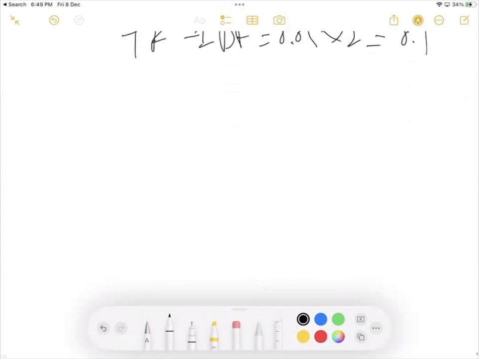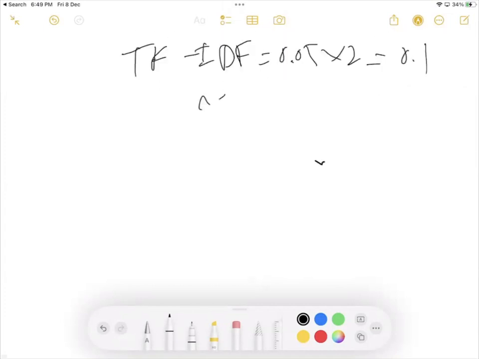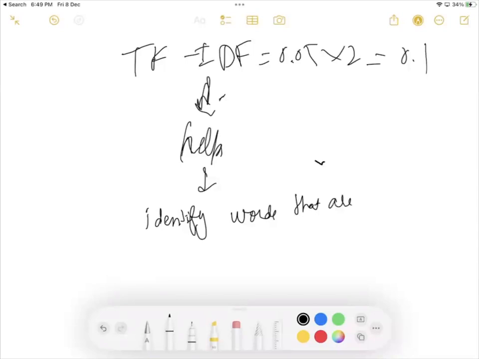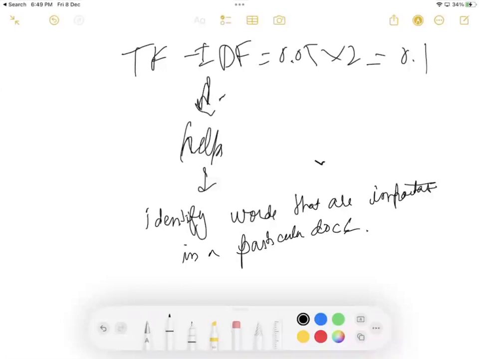So how does TF-IDF help us? It identifies the words that are important in a particular document, but not too common across all the documents.